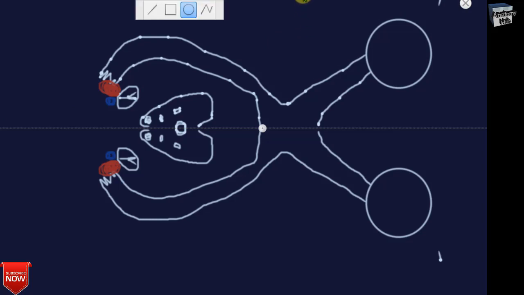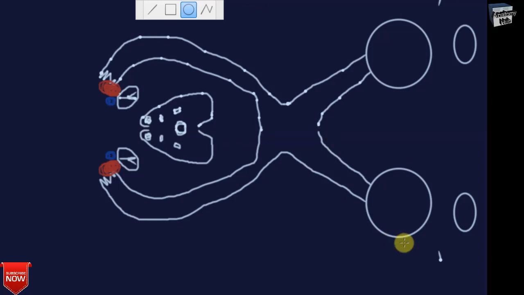Consider there is the visual field over here, on both sides. This is your right visual field, and this is your left visual field.